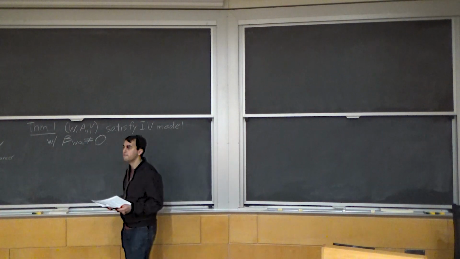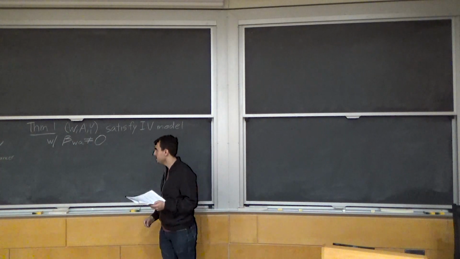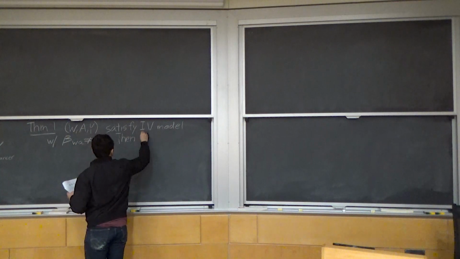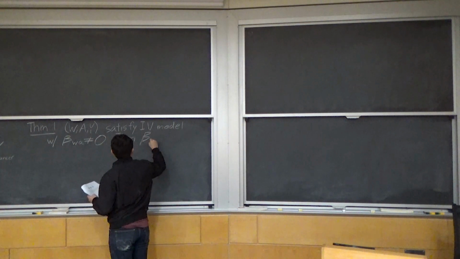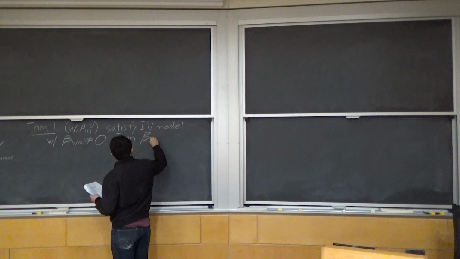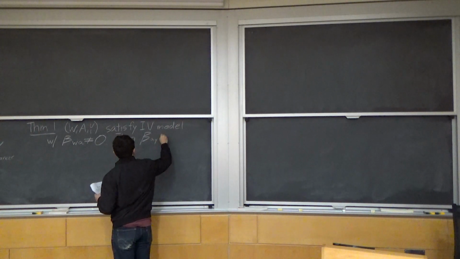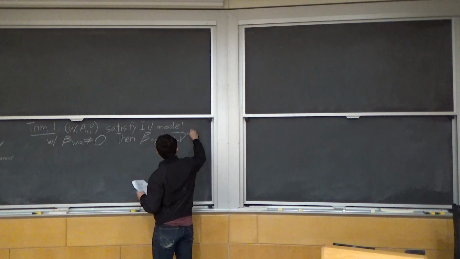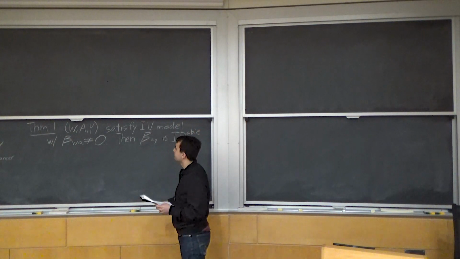There's actually some effect of W on A. Then beta AY is identifiable.